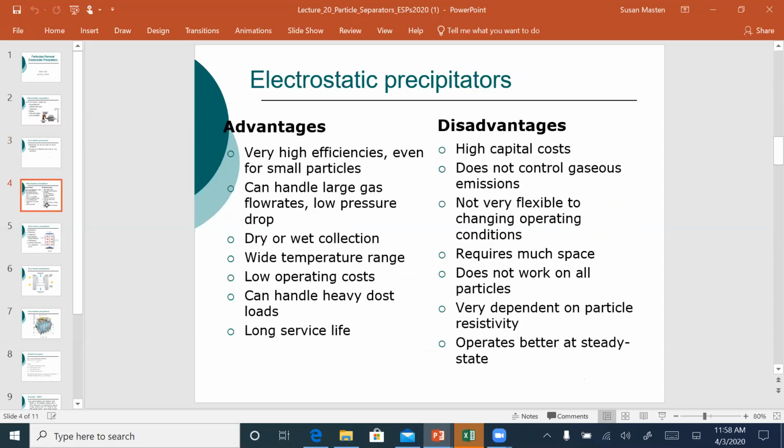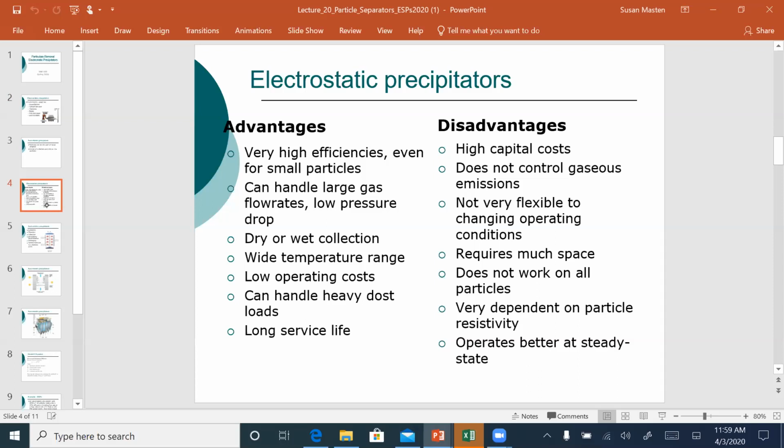So moving on to advantages and disadvantages, as I started to mention, electrostatic precipitators, or ESPs, have very high efficiencies, even for very small particles, which is why they're commonly used in a wide variety of industries. They can also handle large gas flow rates, and one of the major advantages is that they have a very low pressure drop.